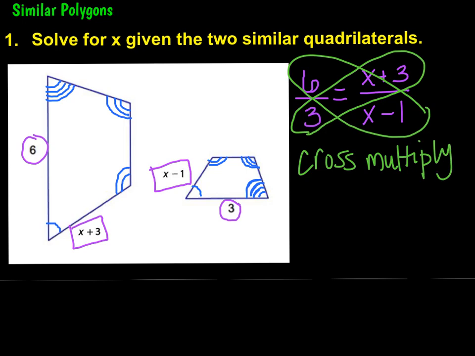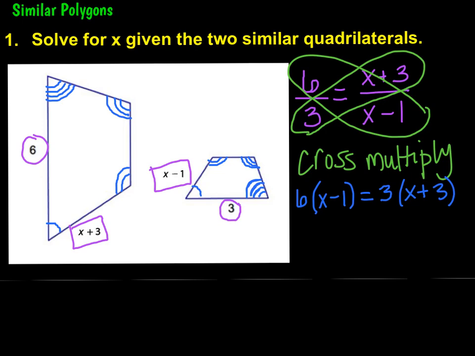So what happens when we cross multiply is we multiply the 6 times x minus 1 and set that equal to what happens when we multiply the other two numbers. It would be 3 times x plus 3.